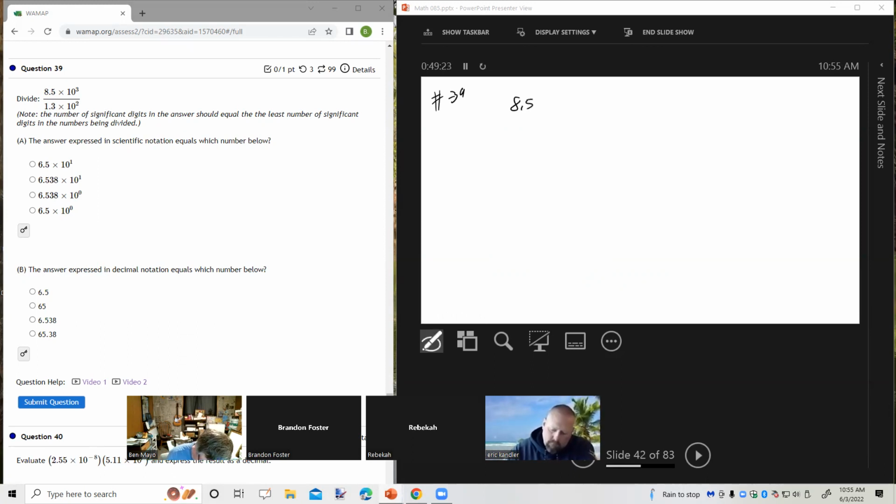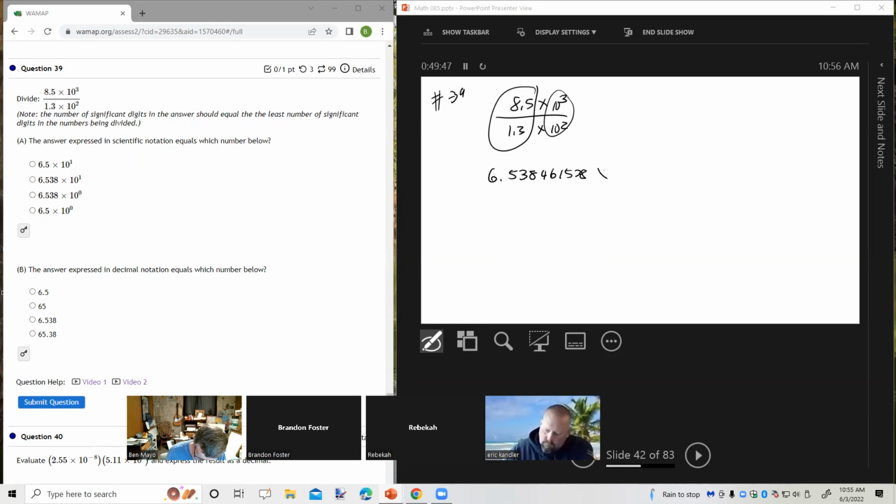All right, 8.5 times 10 cubed over 1.3 times 10 squared. So let's take that part. 8.5 divided by 1.3, and again, I get this huge number, 6.538461538.